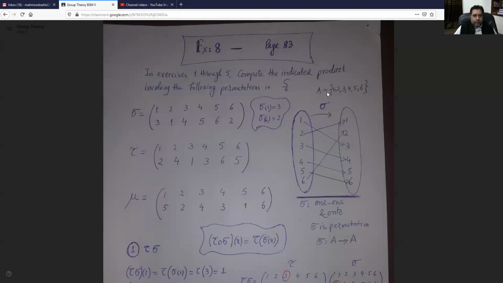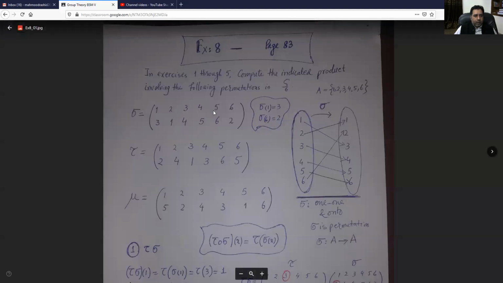So according to that, there are 6 factorial, means 720 permutations that can be defined on this set A. Out of those 720 permutations, we are given 3 permutations: sigma, tau, and mu.